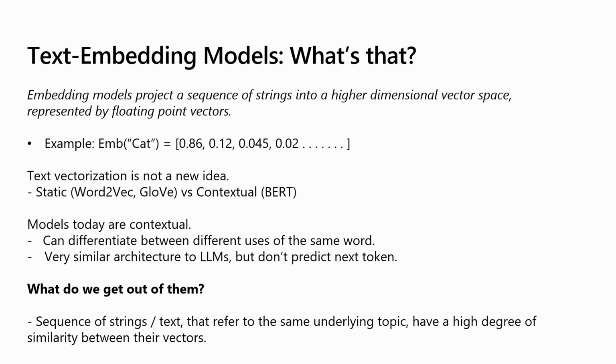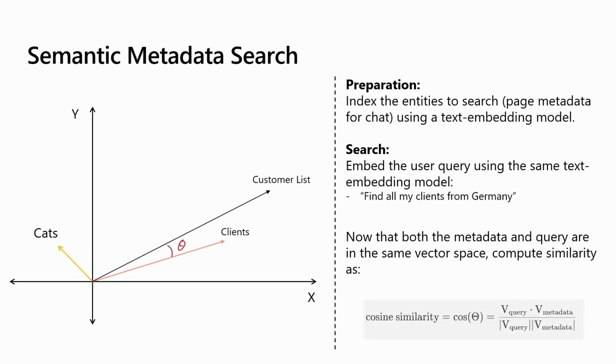So now that we have this idea of how we can use vector models, let's try to build a system, right? Simple, we'll prepare our metadata, we'll index our pages and reports, we'll convert each of the metadata to an embedding representation. And now every time there's a user query, we'll convert that as well. We'll map it to the same vector dimension.